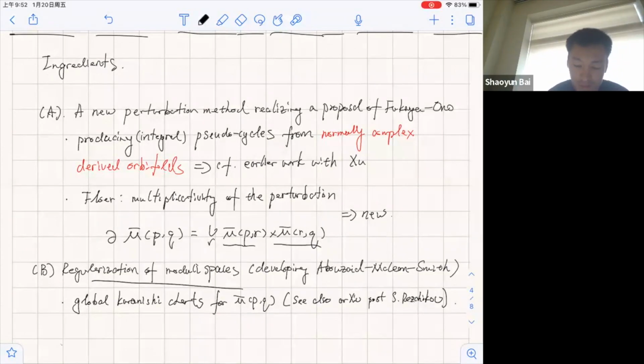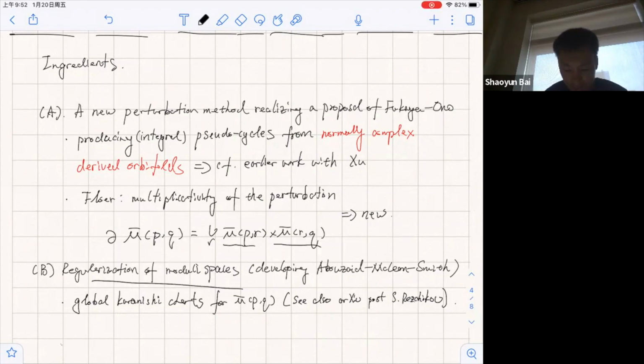And to make sure that the argument could carry over, we should also put smooth structures on our moduli space. So let me still say this in words. We need to construct smooth structures on moduli spaces, and the differential geometric approach would be based on proving some kind of smooth gluing theorems.